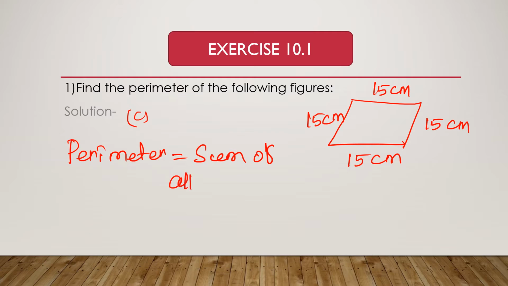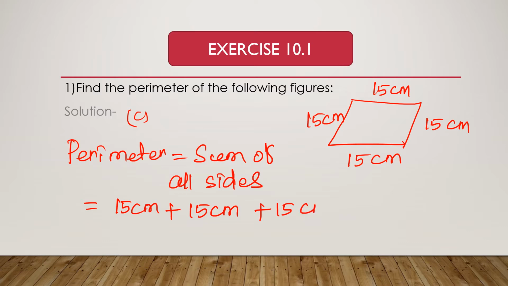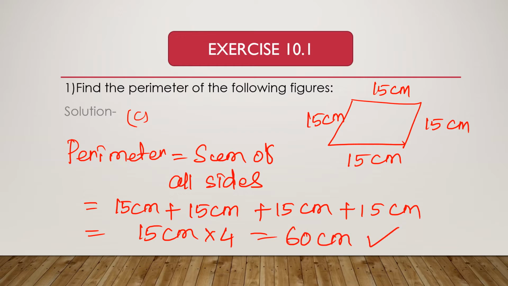So 15 centimeter plus 15 centimeter plus 15 centimeter plus 15 centimeter. So it will be 15 centimeter multiplied with 4. That is 60 centimeter. So perimeter of this given figure is 60 centimeter.